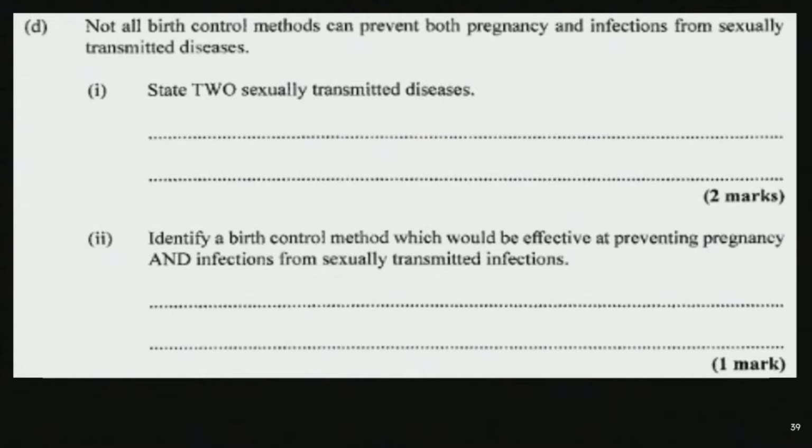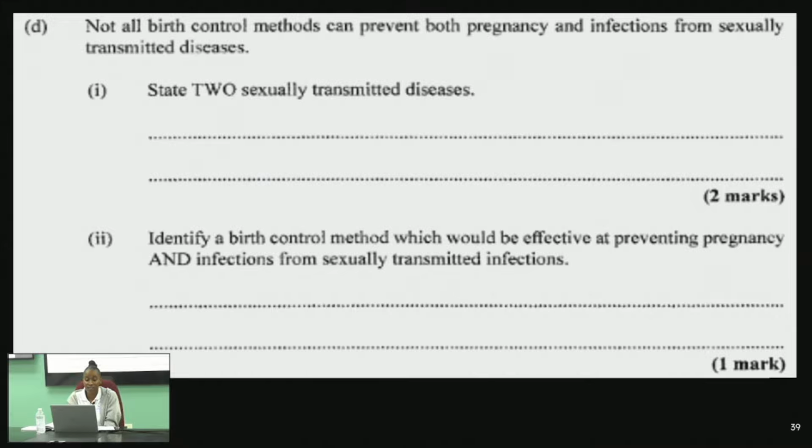All right, and then the last slide says, not all birth control methods can prevent both pregnancy and infections from sexually transmitted diseases. It says state 2 types of sexually transmitted diseases.